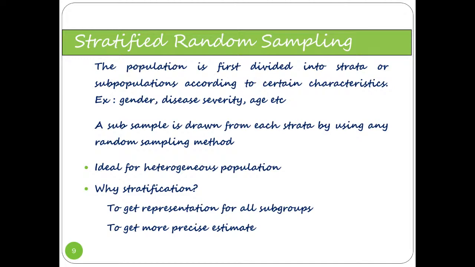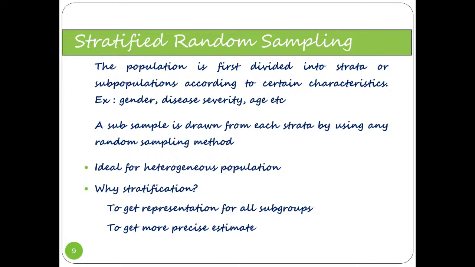And then, using simple random sampling or systematic random sampling, whichever you prefer. Ideally, generally people use simple random sampling, and then they draw samples for the subcategories, that is males, females, how many number of people we can enroll in each subcategory.